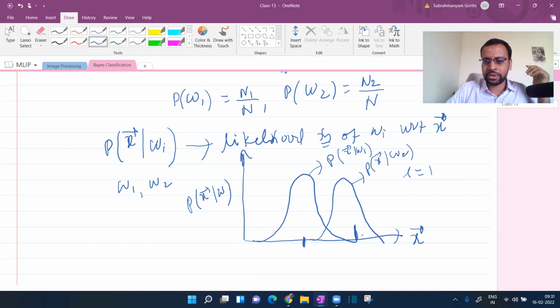So this term is going to give you the likelihood function of omega I with respect to x bar. I'm calling it with respect to x bar because you are given an x bar now. You are also given that it belongs to omega 1 or omega 2. Then this is the one which gives you the likelihood values.